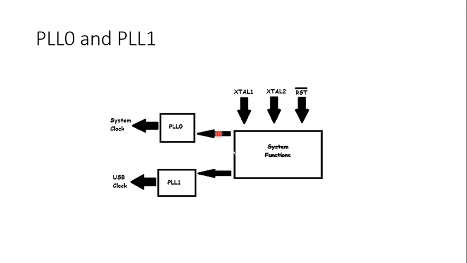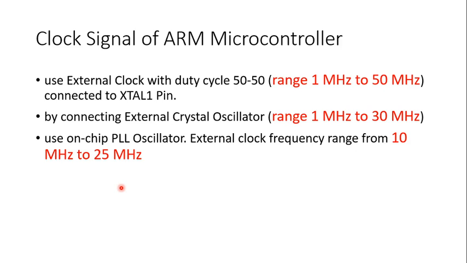The output of the oscillator is given to both PLL0 and PLL1. The output of PLL0 works as the system clock, which is used to drive only the processor or CPU part, and the PLL1 output is used as the USB clock.